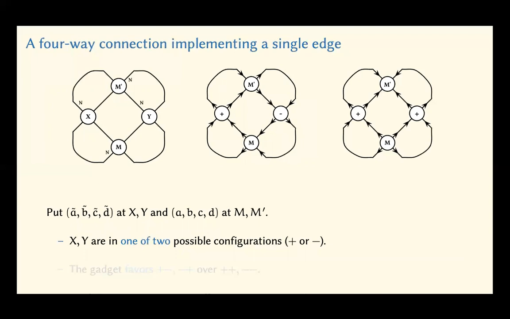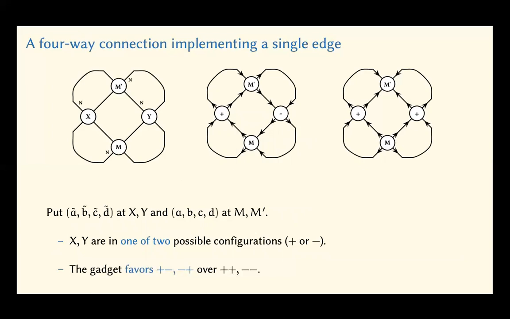Because we're putting this A tilde, B tilde, C tilde, D tilde on x and y, they are in one of two possible configurations. This is in perfect correspondence with the idea that in a max cut problem, each vertex is in a plus state or a minus state.